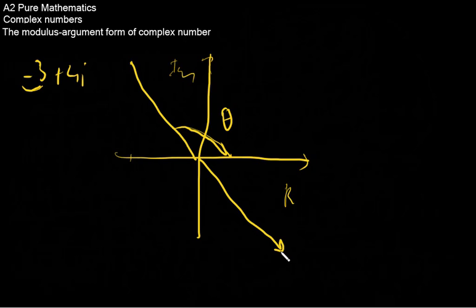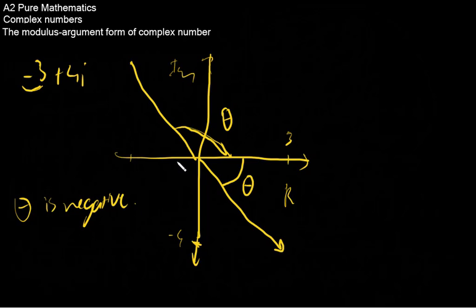The case where it is down here, say 3 and minus 4, the angle is a negative value, so theta is negative.